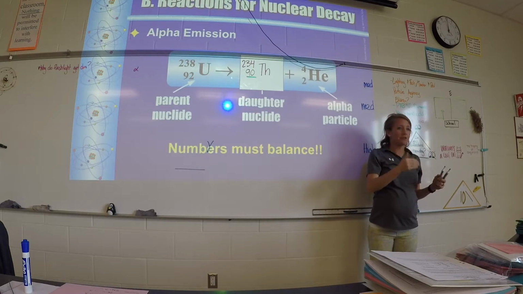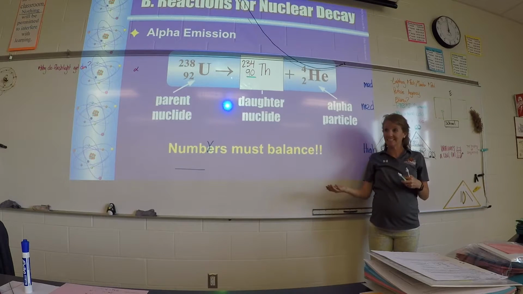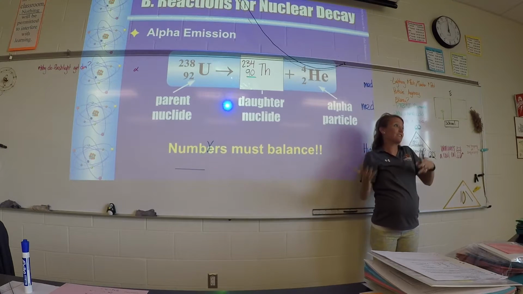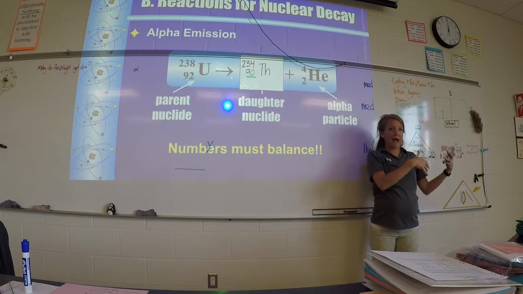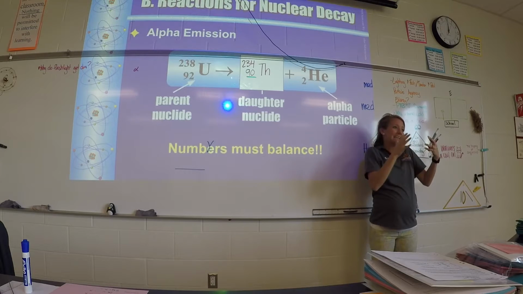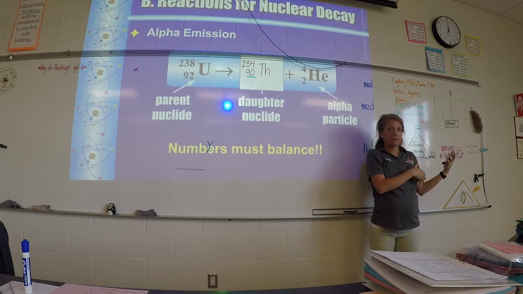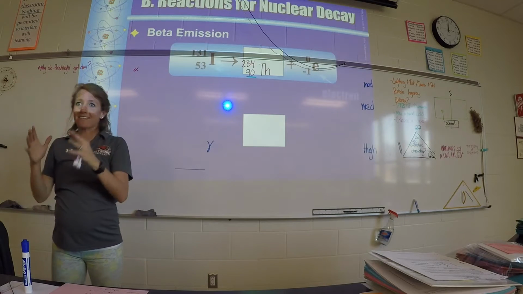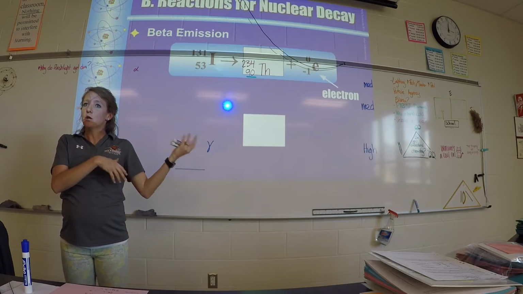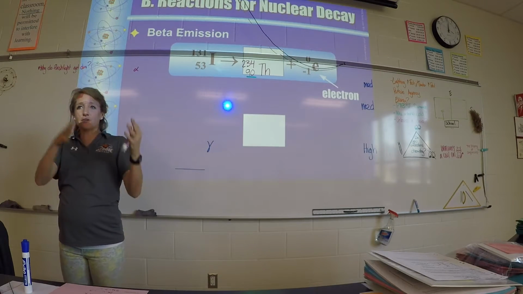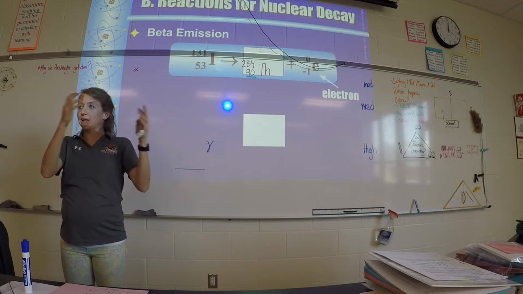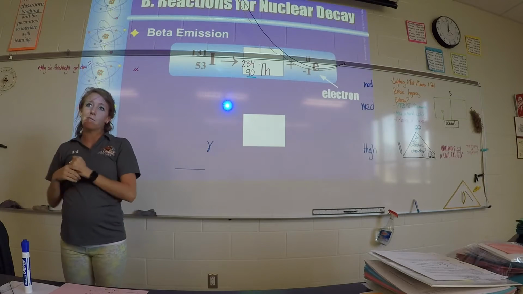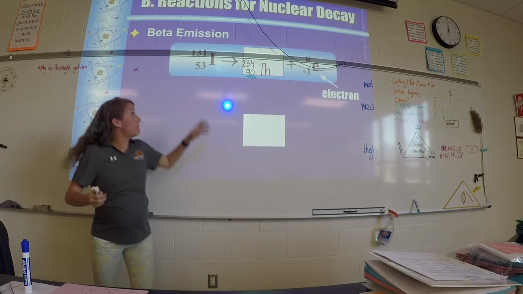So when something undergoes radioactive decay, it actually changes into a new atom, all on its own, because it's trying to get more stable. What happens if it decays into another radioactive atom? Then that thing will keep decaying. We have certain decay series where it'll just keep going and going until it gets stable.